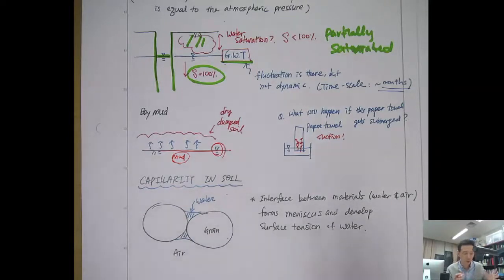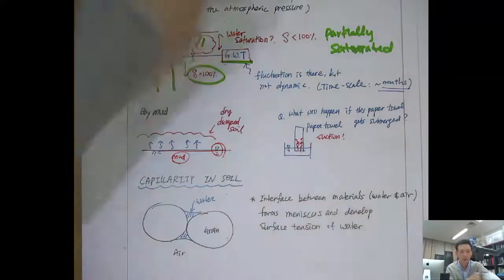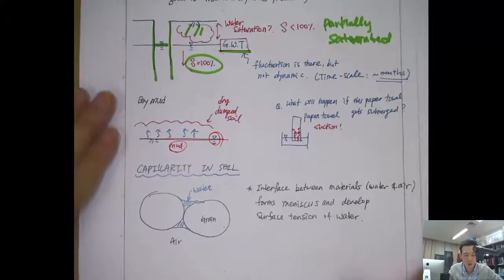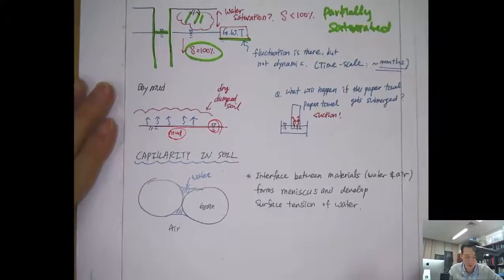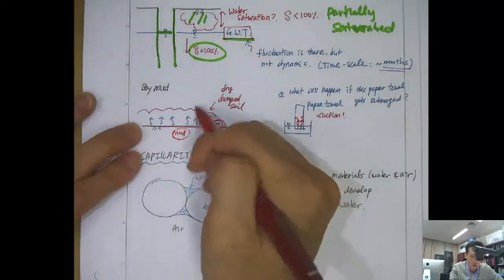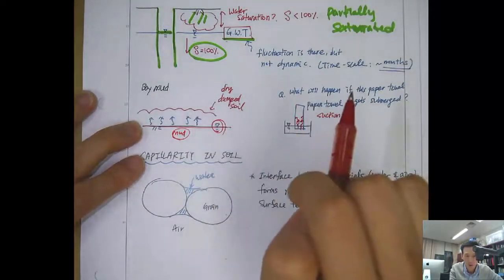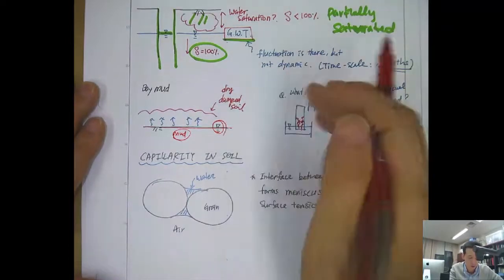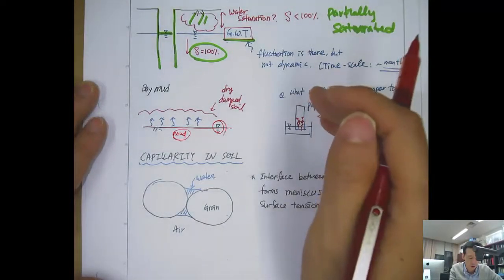Then this compacted soil will suck the water up from the subbase, the underlying soil layer. So then how much can the water go up? That will be the main question that we're going to talk about in this later lecture.